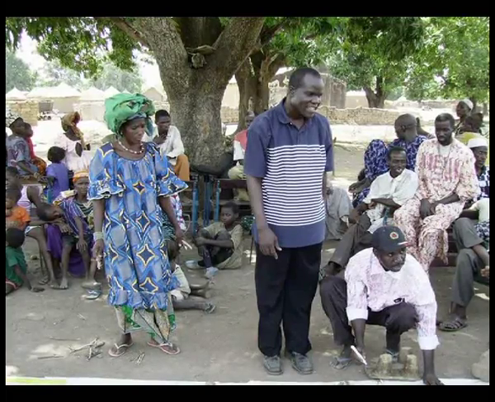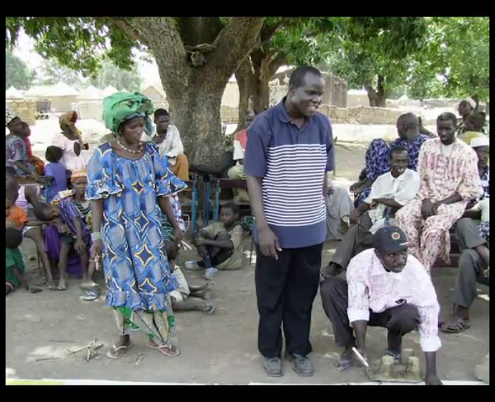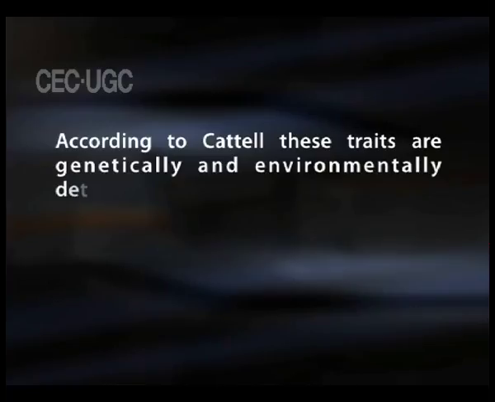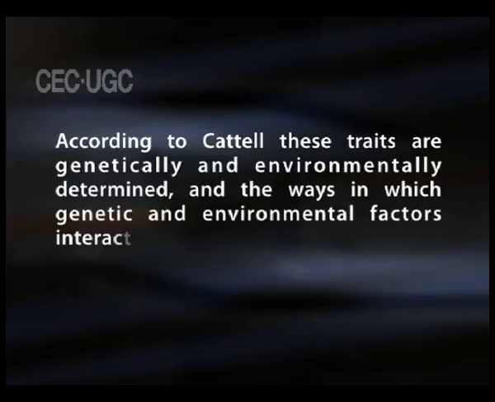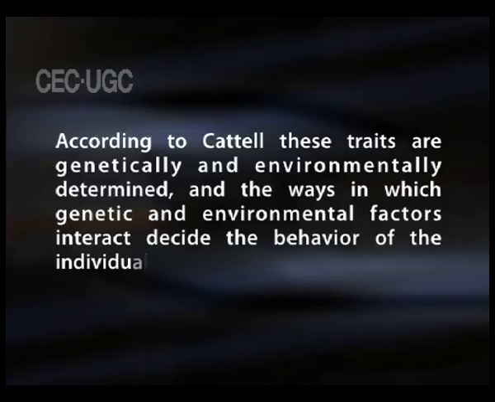It delves deep into the complicated transactions between the personality system and the more inclusive socio-cultural matrix of the functioning organism. According to him, these traits are genetically and environmentally determined, and the ways in which genetic and environmental factors interact decide the behavior of the individual.